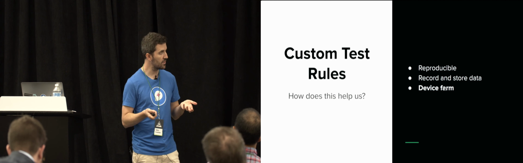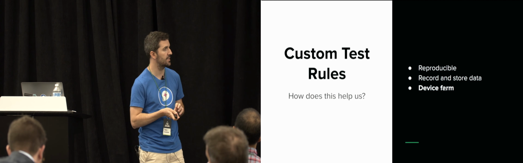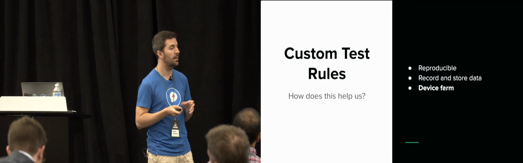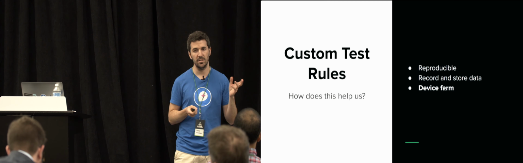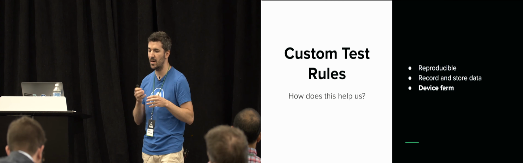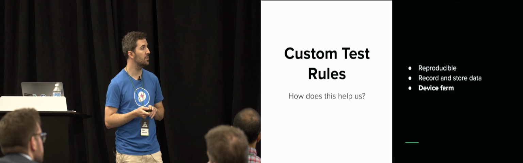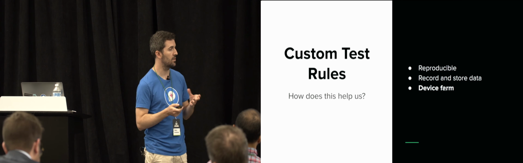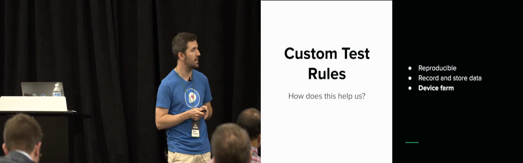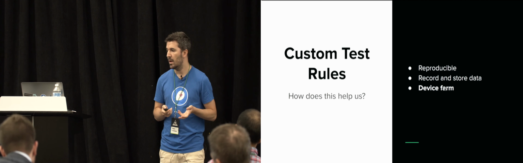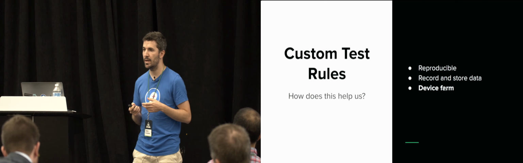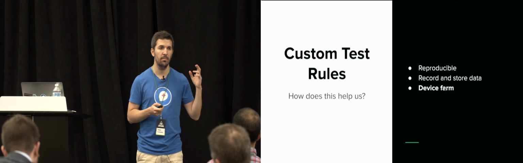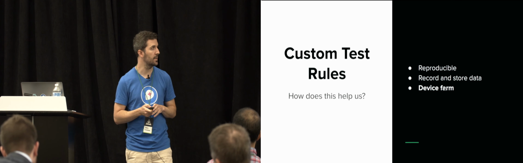Unfortunately, Firebase Test Lab doesn't allow you to do that, or at least not easily. I talked to Sam yesterday, and there are some hacky ways to get the data from the external storage within Firebase Test Lab. But we ended up going with the AWS Device Farm because it's more user-friendly in that regard.